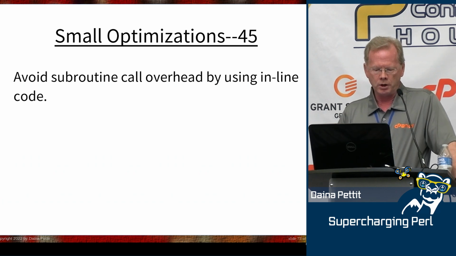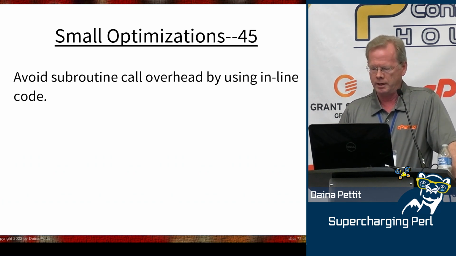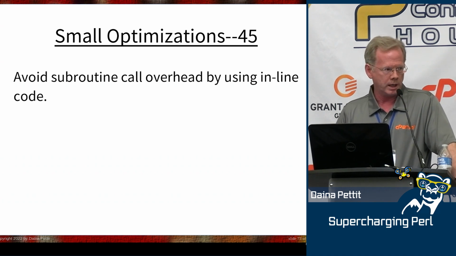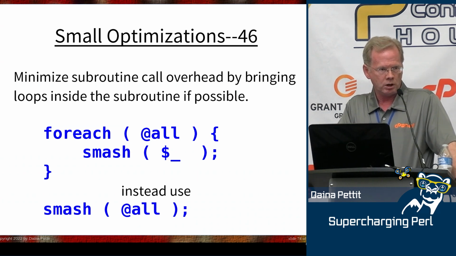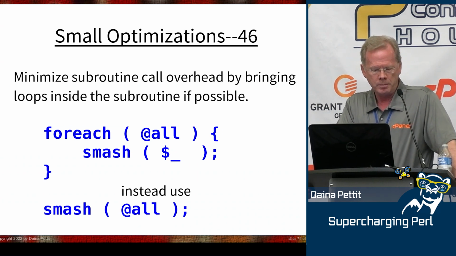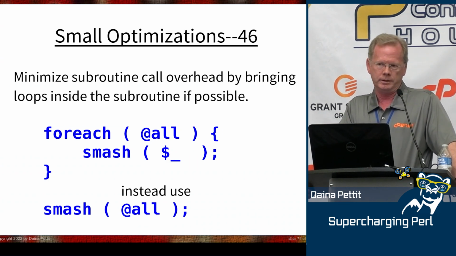Avoid subroutine calls by using inline code if you can. I know it'll make your stuff look like spaghetti code, but that might be another option. For example, if you have a foreach loop and you have a subroutine call inside of that, you can minimize the subroutine call if you can push that loop down inside of that subroutine.